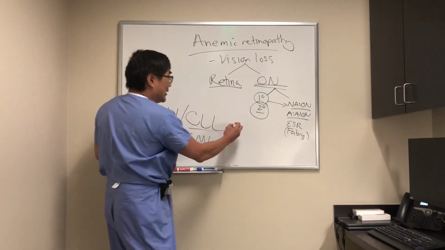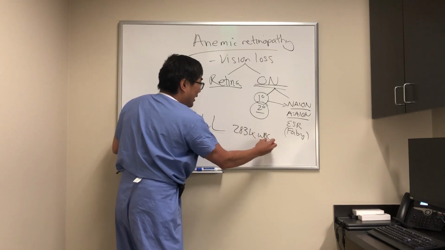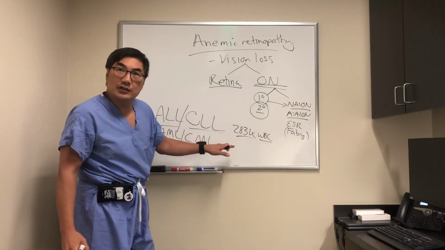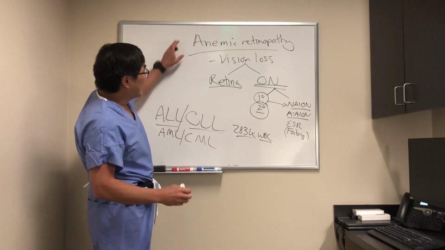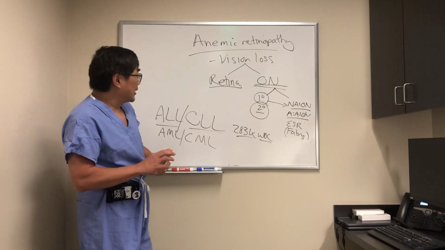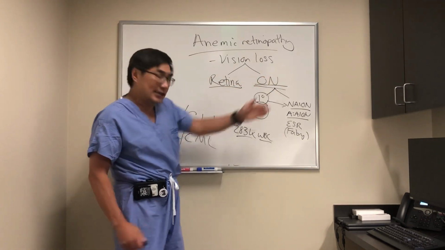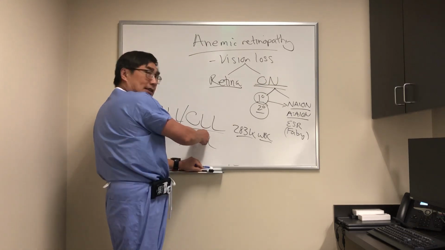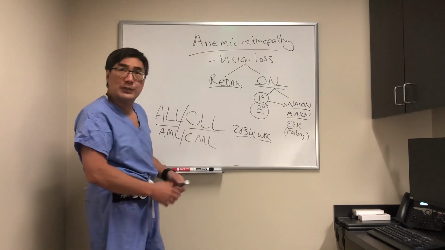So if you're making 283,000 white cells, well, you're really not going to have much bone marrow left to work on the platelets and the red cells. And so anemic retinopathy in the setting of leukemia can be confusing because you're trying to figure out, oh, is this an optic nerve infiltrated process? Or sometimes this leukemia can become lymphoma, which is the Richter transformation into diffuse large B-cell lymphoma.